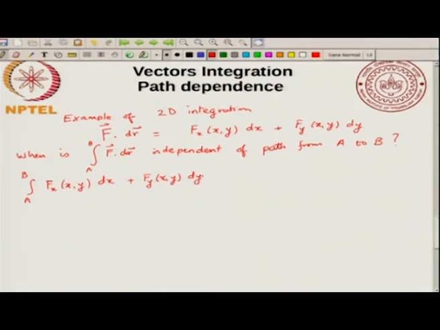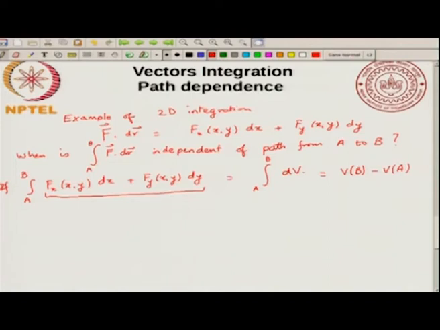Now suppose I could write this whole thing as dV, I am using the term V, from A to B. Then the integral of dV is just V of B minus V of A, it's independent of path. So if you could write your integral in this form, then it would be path independent.